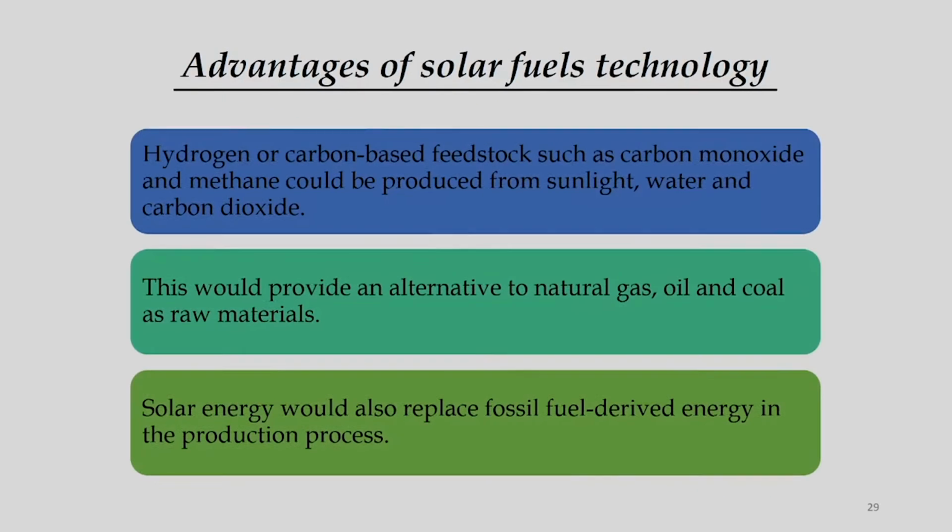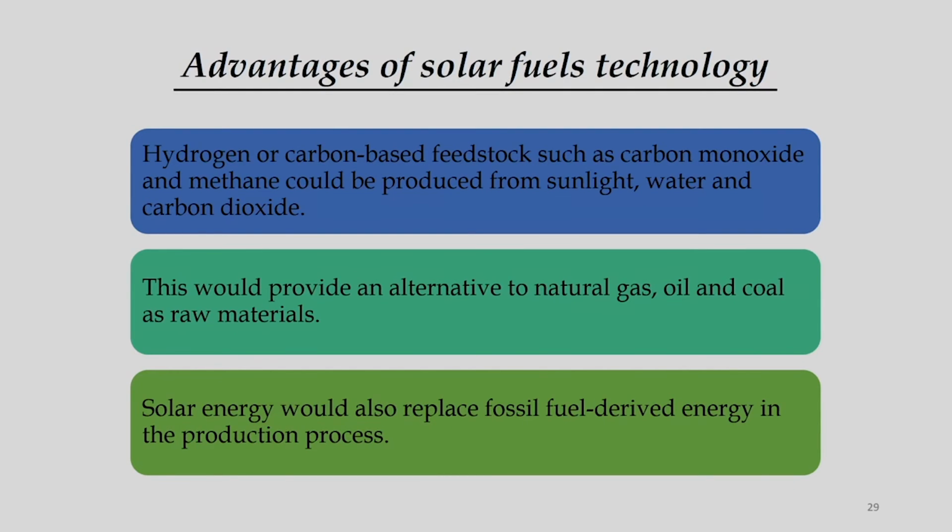So, what are the advantages of solar fuel technology? Hydrogen or carbon based feedstock such as carbon monoxide and methane could be produced from sunlight, water and carbon dioxide. This would provide an alternative to natural gas, oil and coal as raw material. Solar energy would also replace fossil fuel derived energy in the production process.